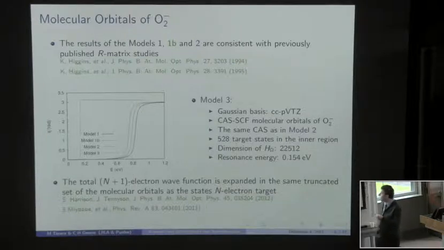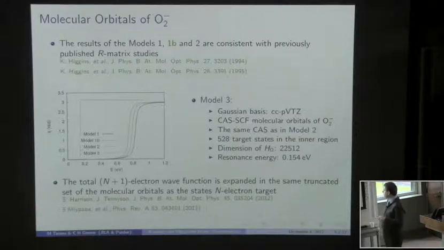Actually, when I moved to these anionic orbitals, the resonance moved down, and it moved to 0.15 eV, which is in much better agreement with the experiment than all these calculations before.